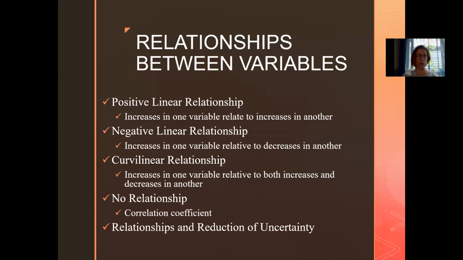Just because there's a relationship doesn't mean that there's cause, mostly because of that third requirement of cause, as we talked about last week, which is that all of the possible explanations for a relationship have to be excluded, right? We need to exclude all other explanations for the effect. But knowing what kinds of relationships exist helps us to minimize the uncertainty.